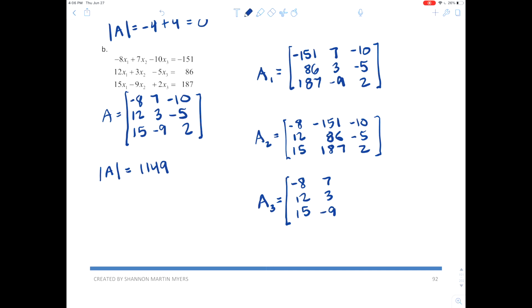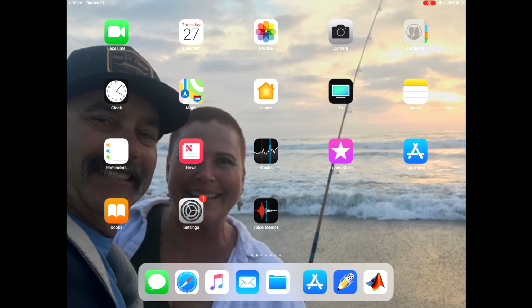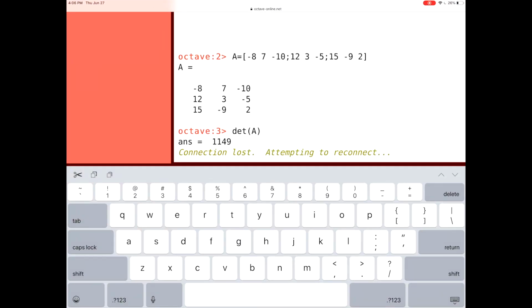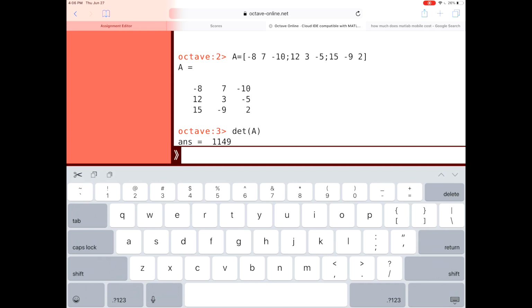And then column 3 will have the column of constants. Groovy? And so we need to find these determinants. So let's check out our technology. One nice thing about using Octave is that it's easy to copy and paste, even using the iPad, amazingly.